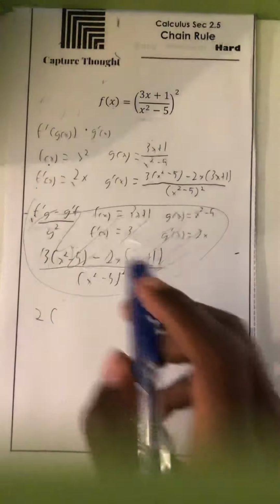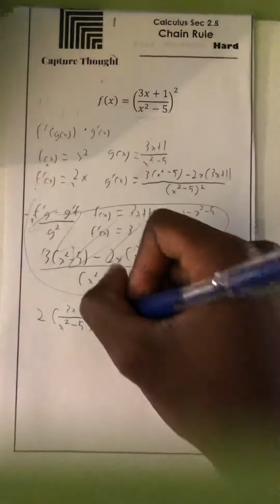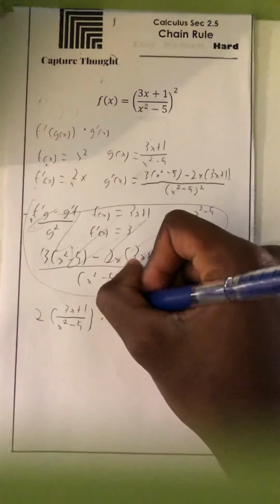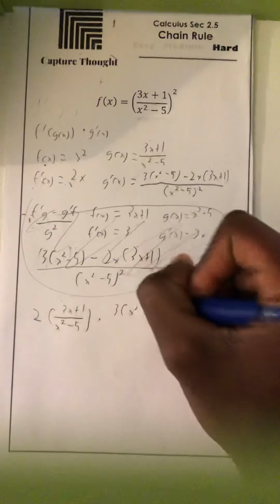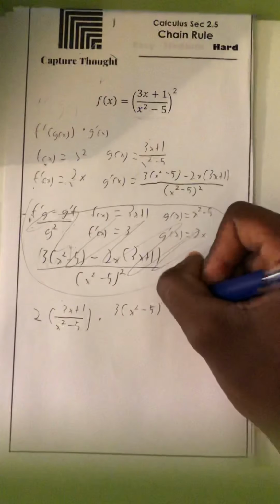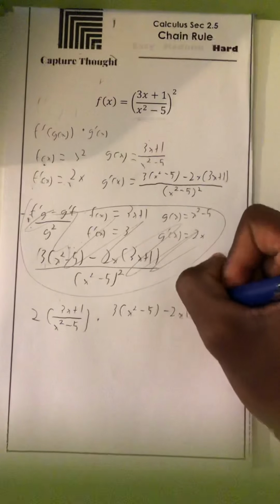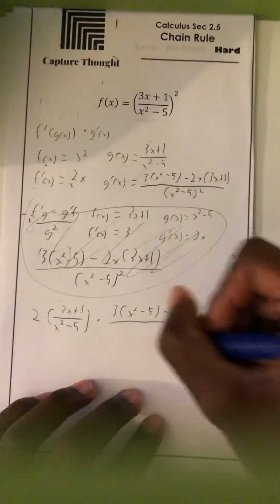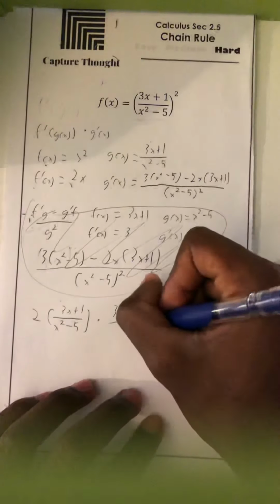So 2 times 3x plus 1 all over x squared minus 5, and then times g prime of x, or the derivative of g of x, which would be 3 times x squared minus 5 minus 2x times 3x plus 1, all over x squared minus 5 squared.